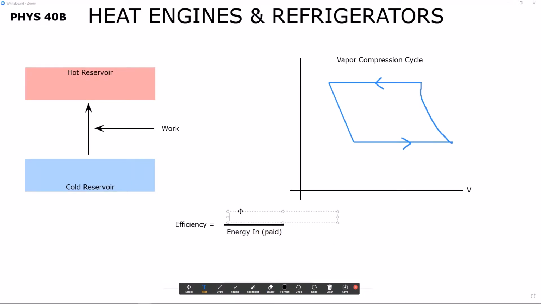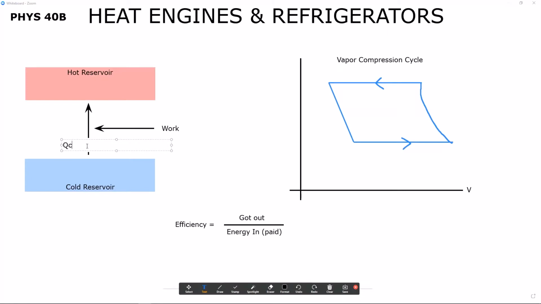And then the top would be how much got where we wanted. So what's a good term for this? However much energy we got out of that, which is pretty crude terms, but hopefully you understand what I mean.